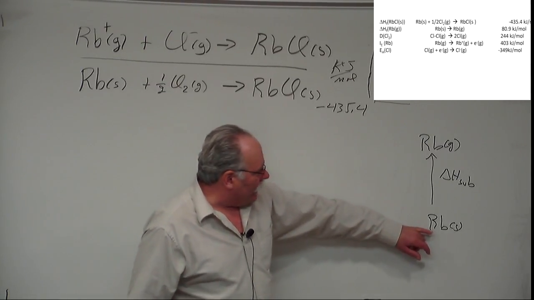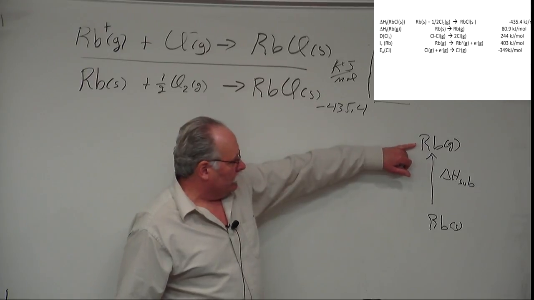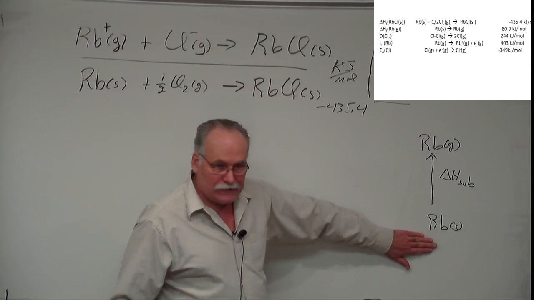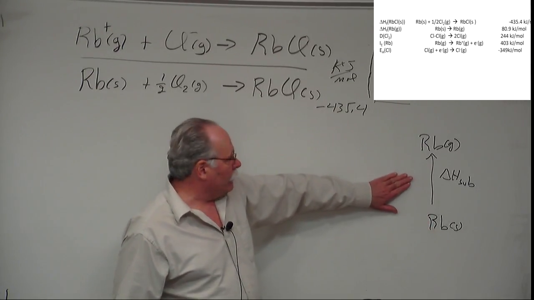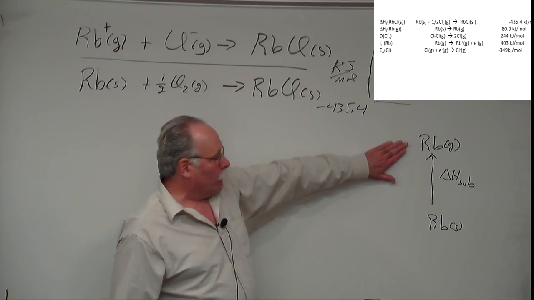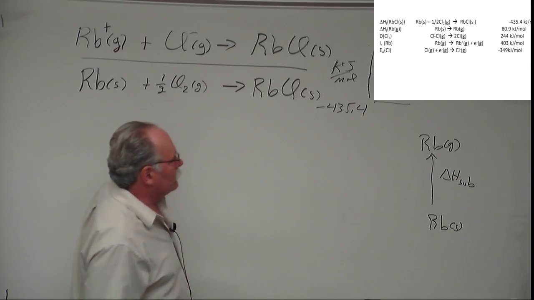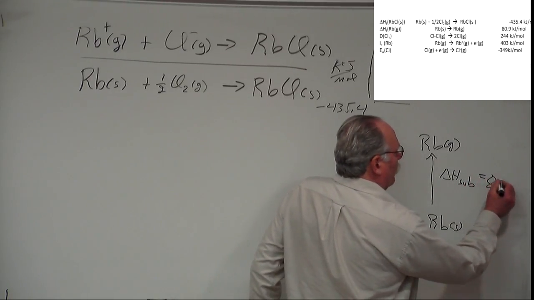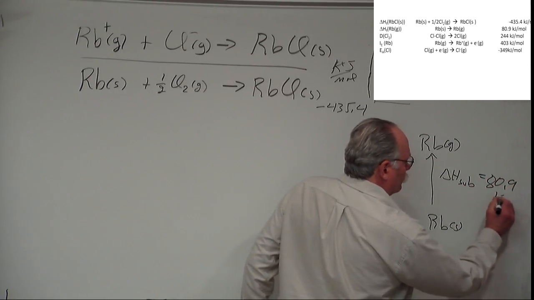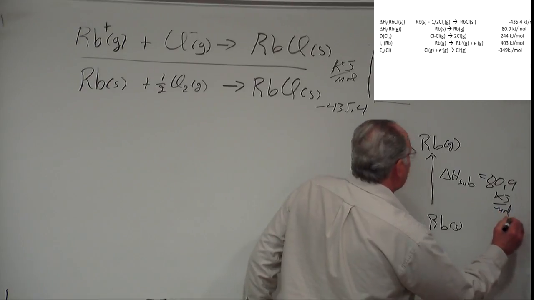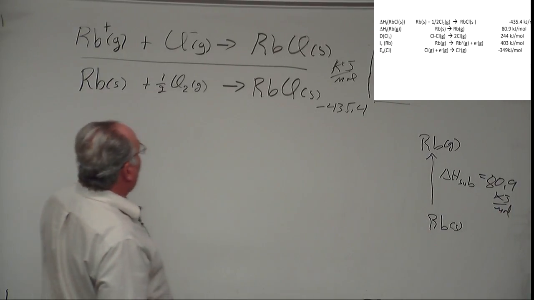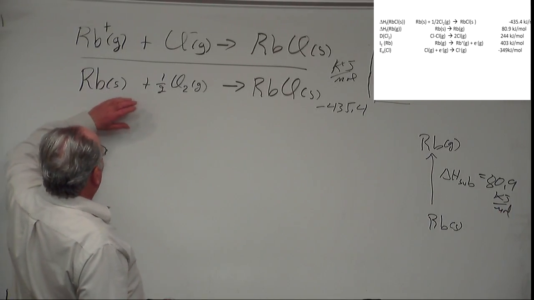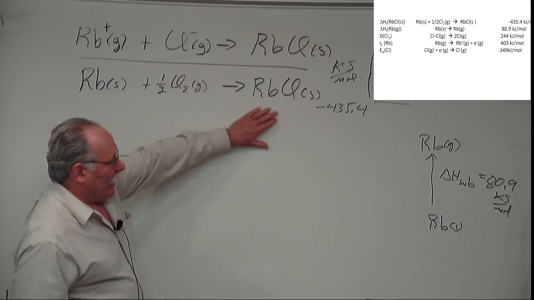Now notice that as I go from a solid to the gas, since this is the standard state, the enthalpy of sublimation is the enthalpy of formation. So this value from our table over there is worth 80.9 kilojoules per mole.